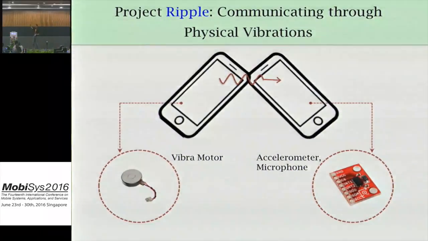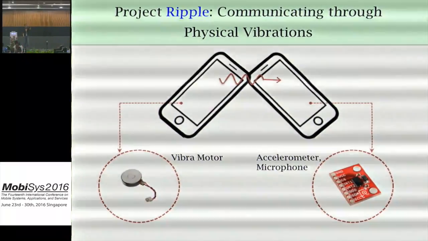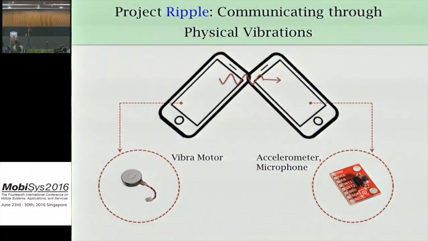The phone with the vibration motor vibrates out the bits of information, and the receiver picks up this vibration through an accelerometer or a microphone, decodes the bits, and gets useful information out.